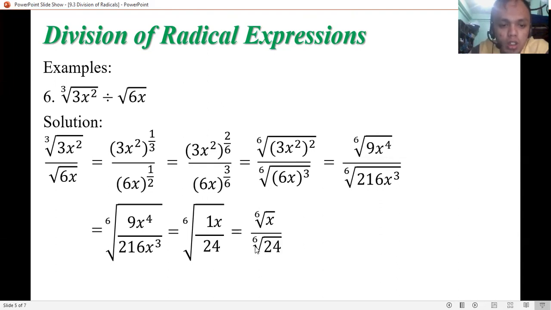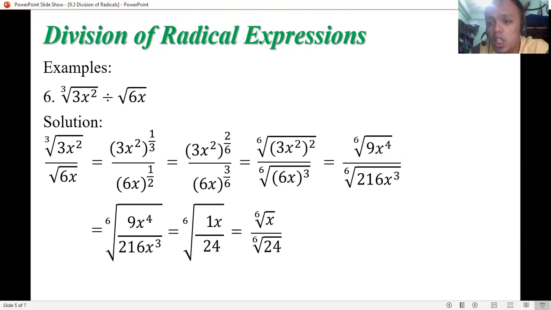Now, kumbaga binalik natin sila sa dati na tig-isa sila ng radical sign. Pero this time, we cannot simplify 6th root of 24 because we cannot find any factor of 24 na may 6th root na pwede nating i-simplify. What are we going to do here is to rationalize ulit.